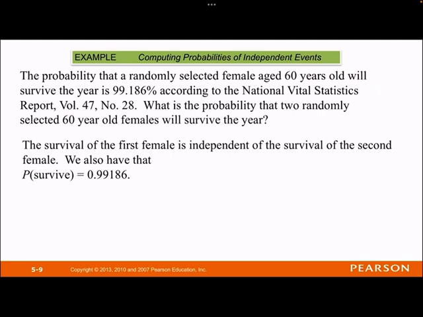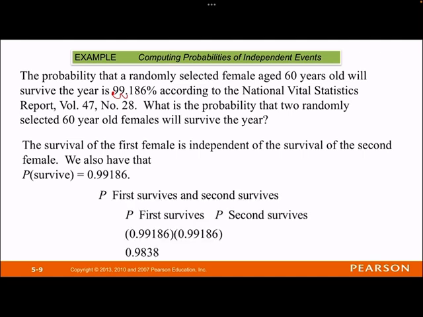So all we're going to do is multiply those two probabilities together. The survival of the first female is independent of the survival of the second female. The probability that you'll survive is 0.99186. Again, just change that to a decimal by moving the decimal point 2 places to the left from your percent. So the probability that the first survives and the second survives equals the probability that the first survives times the probability that the second survives.